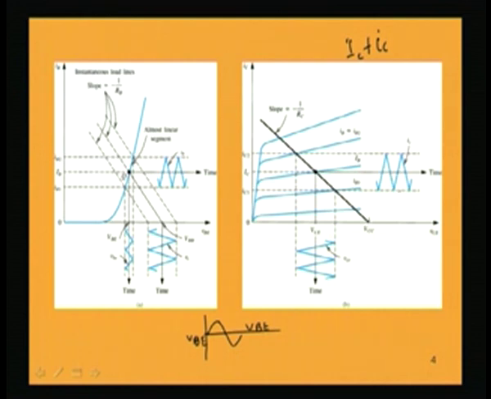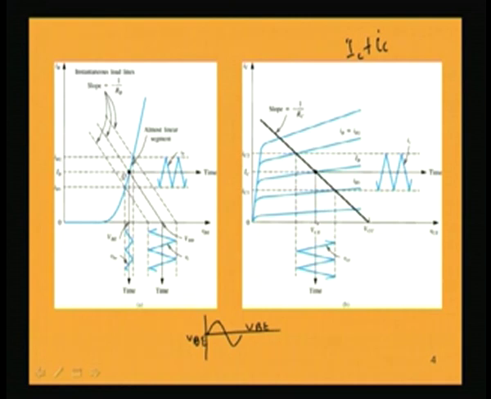So, we get this increasing and decreasing collector current across the collector to emitter voltage. Now, considering the collector to emitter voltage, when there is no signal and only DC conditions prevail, this is the operating point, the intersecting point between the load line and the characteristic.